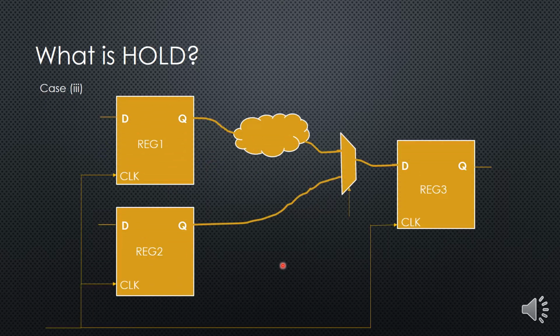Case 3: we have two paths here, register 1 to register 3 and register 2 to register 3. Register 1 to register 3 is the longer path and register 2 to register 3 is the shortest path.